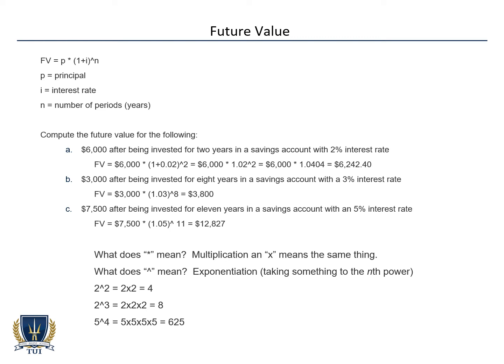And here we see 2 to the 3rd power is 2 times 2 times 2. 5 to the 4th power is 5 times 5 times 5 times 5. 5 to the 5th power would be 5 times 5 times 5 times 5 times 5. So you just multiply something by itself n number of times to take it to the nth power. In this case, we're taking 1 plus the interest rate to the nth power, getting the result, and multiplying it by the principal amount to get the future value.